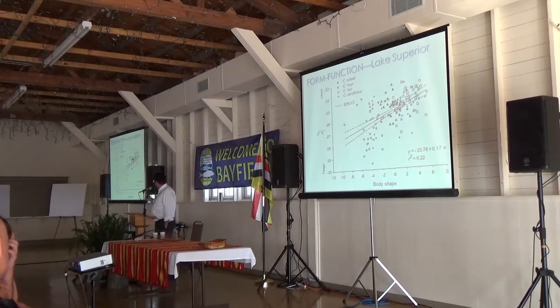This is plotted for the four forms of extant ciscoes in Lake Superior, against body shape, that is, variants that come out of a morphometric analysis of body shape. The idea here is that there's a 0.22, so a moderate relationship between form in terms of body shape and function in terms of carbon use in this system.